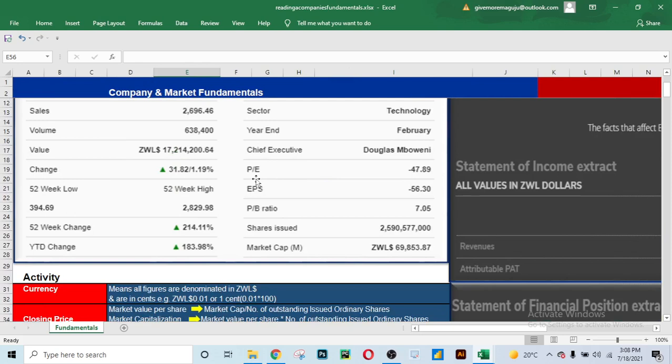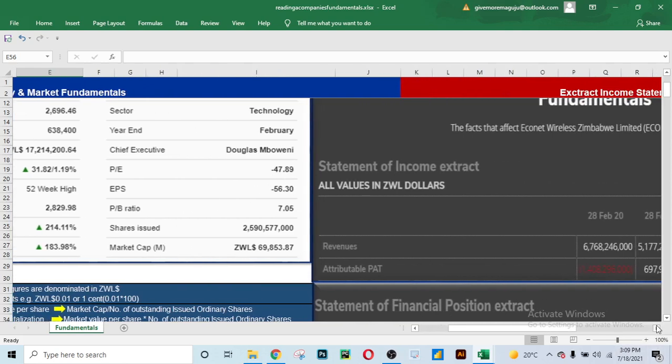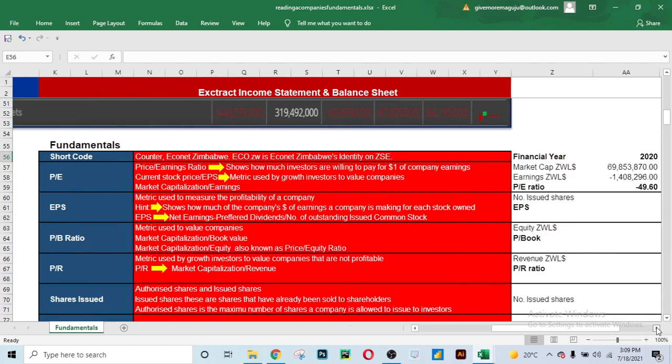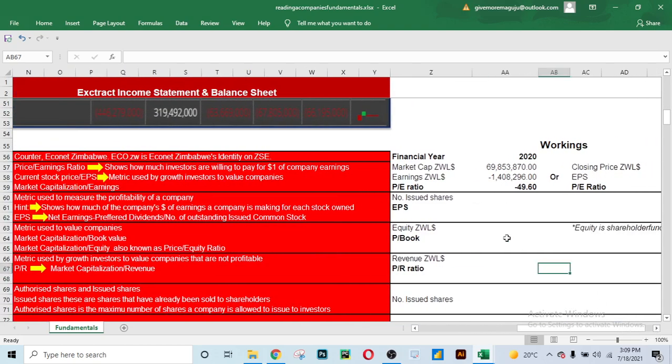Here we've got PE ratio is negative 47.89. That's our PE. As you can see, we are getting a different answer, but it's within the range, just that this one is higher than that one. Okay, so 49.60, that one is 47.80. Okay, so let's just look at the other formula.